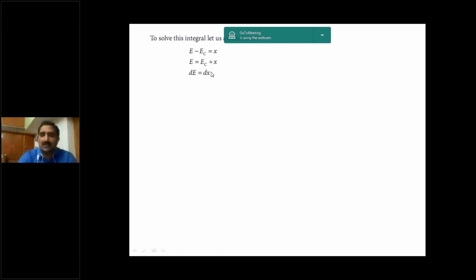For the lower limit, E is EC, so x is equal to 0. For the upper limit, E is infinity, so infinity minus EC is equal to x, and x is equal to infinity. So the new limits are 0 to infinity, and E minus EC is equal to x.